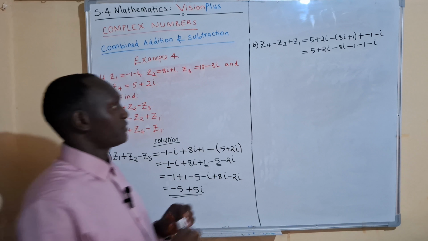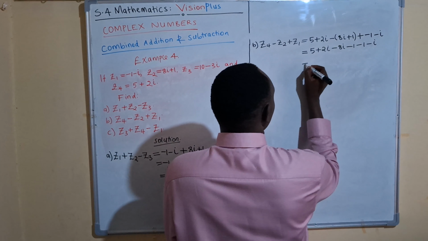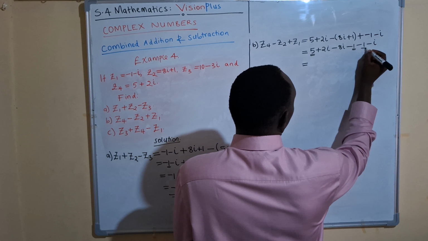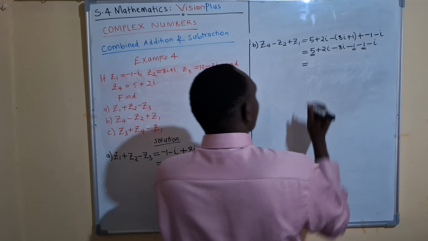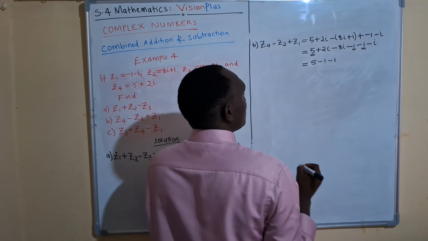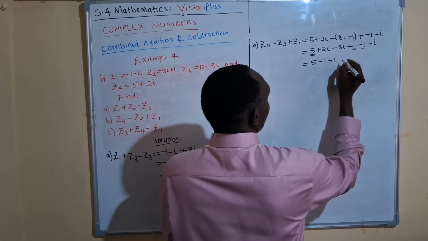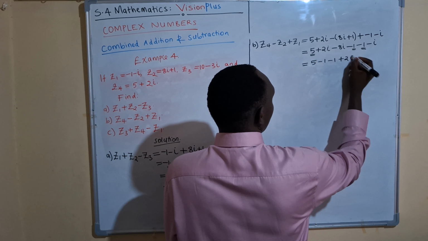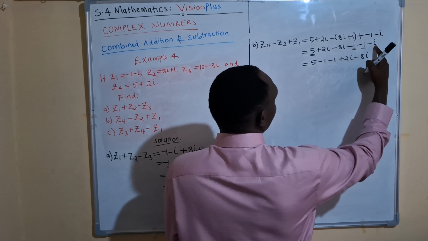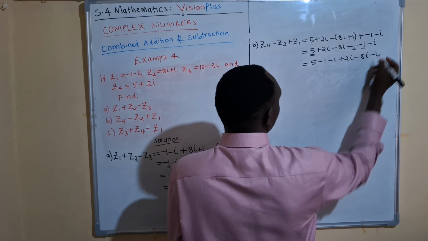And then from here, we need to further simplify it by collecting the real parts together, the imaginary parts together. So starting with the real parts, I will have 5 minus 1 minus 1. Then the imaginary part, we have 2i positive, so plus 2i. We have 8i negative, so minus 8i. Then you have i here, which is negative, so minus i.